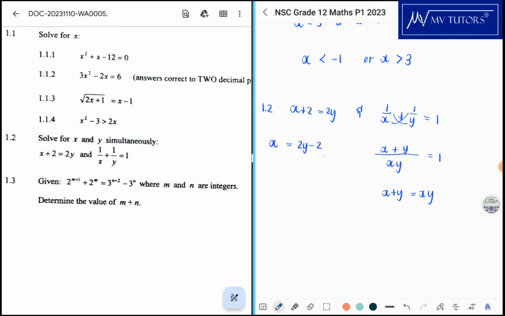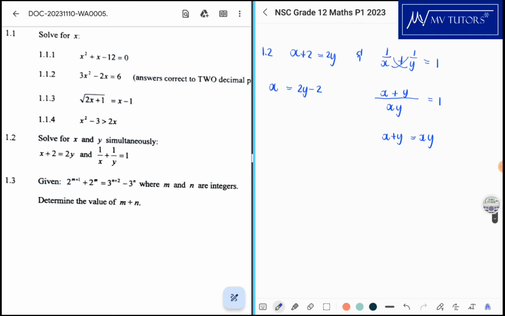So I've written x in terms of y. I can say that is my first equation and this would be my second equation. How about I substitute equation 1 into equation 2. So x is 2y minus 2, plus y, which is equal to 2y minus 2 times y.